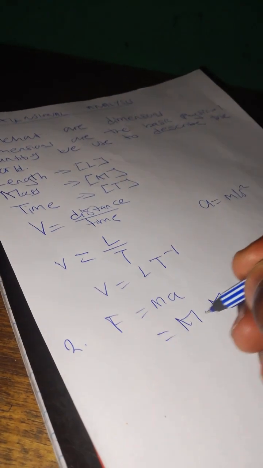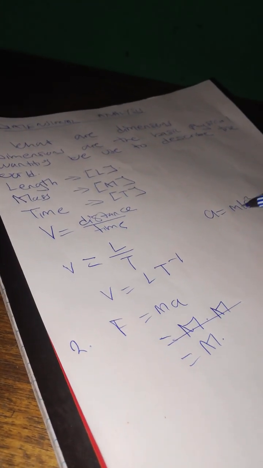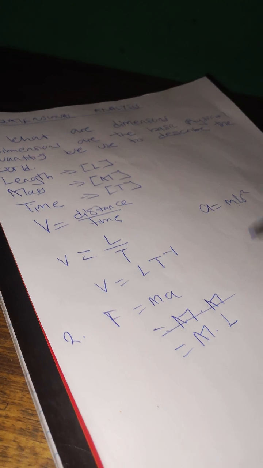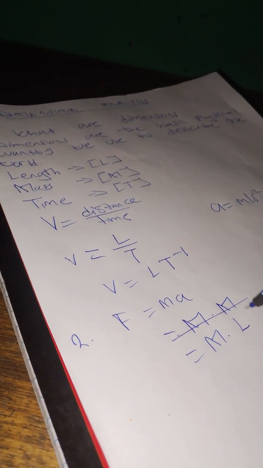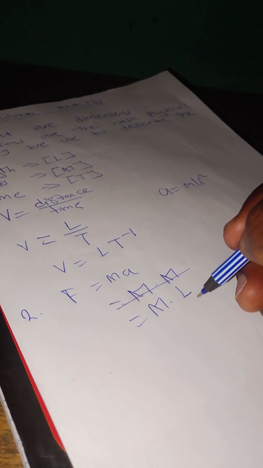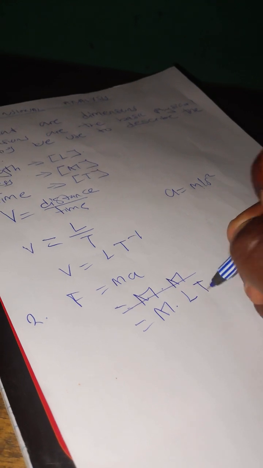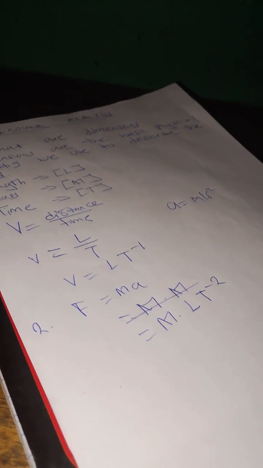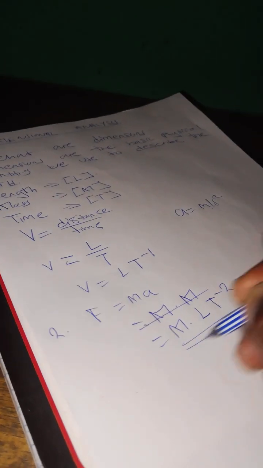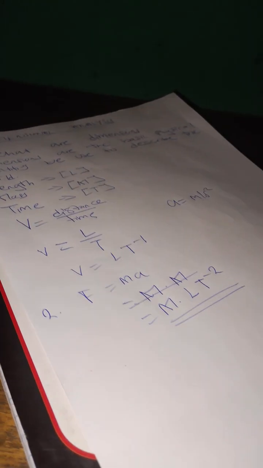Instead of saying over, now you are a university student, so you're going to use inverse. You're going to say T power negative 2. So that's the dimension for force. That's how we do this thing.